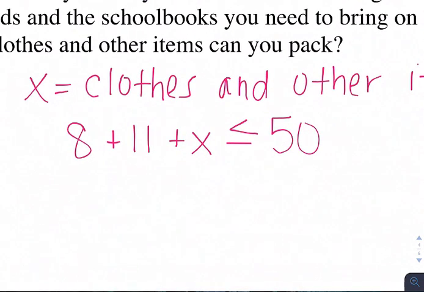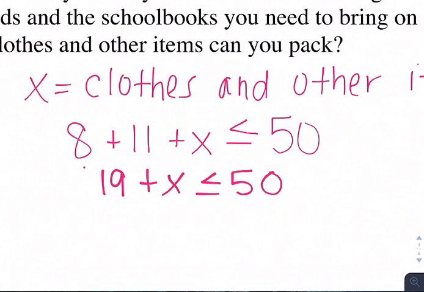This is where we need to start combining our like terms. So we have 8 and 11, which we combine to make 19. So if we add 19 and x, it has to be less than or equal to 50. So thinking of inverse operations, I'm going to take 19 away from both of my sides, and I'm going to be left with x over here.